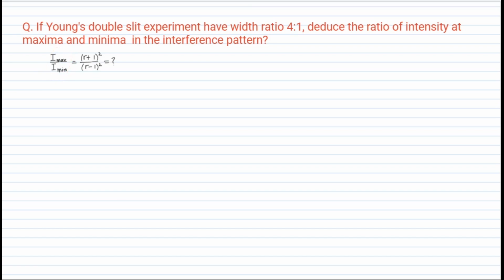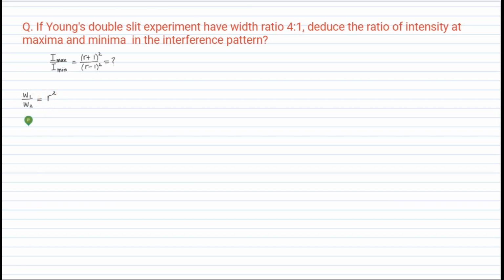But to calculate your I max by I minimum, you have to find this amplitude ratio R using your slit width ratio. And if you remember, the slit width ratio W1 by W2 is R square. So from here, can you find out your R?